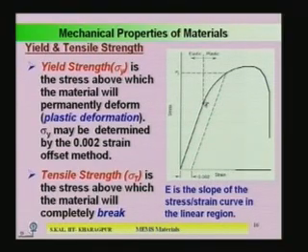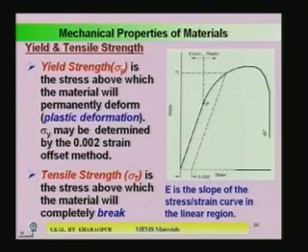Initially it is a straight line in nature, up to this point P. So here I can say the strain and stress are proportional, exactly linear. After a certain point you see the curve is not linear, it becomes non-linear. If you go on increasing the strain, it reaches a maximum point of stress here, then again it falls, the curve goes down.